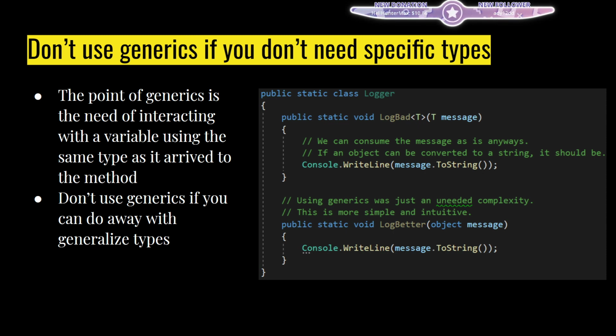So if I have a generic method to log something, I definitely don't need that to be generic, because anything goes and I don't treat it explicitly with the type that goes in. So I can simply pass object. Having generics where it's not needed doesn't make things that bad, but it's just unnecessary confusion and complexity. So don't use generics if you don't need specific types.